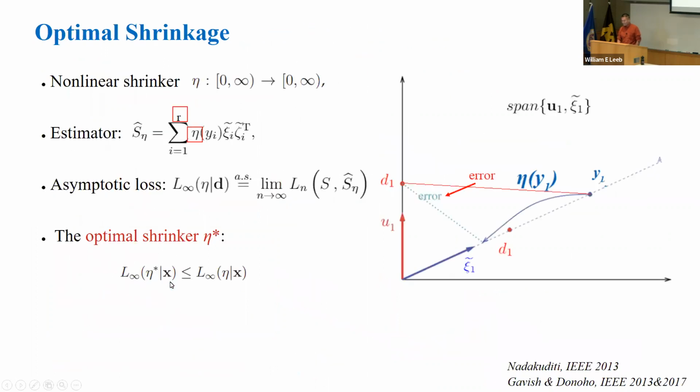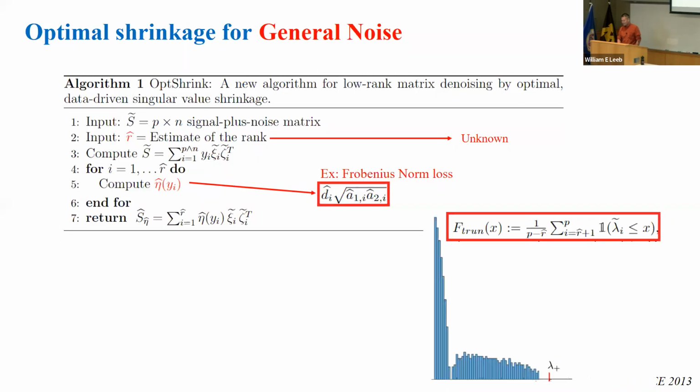So we can use the truncated version of the eigenvalue distribution to have an estimator of the optimal shrinkers. But how do we know how many eigenvalues we want to take out? So the problem is we don't have an estimator of the rank.